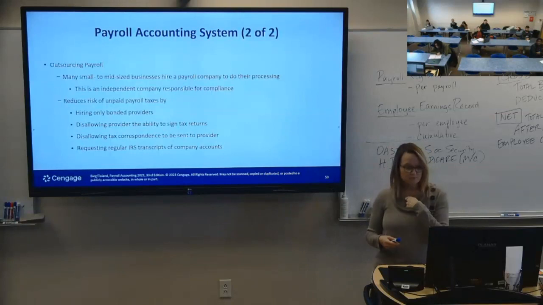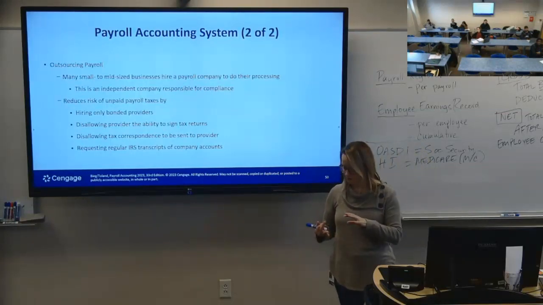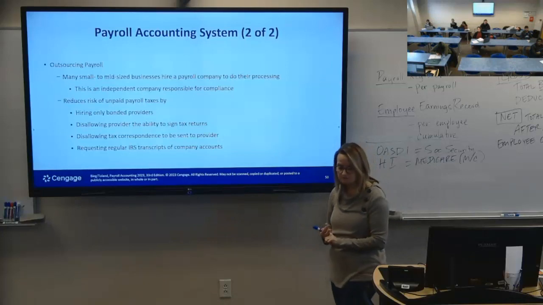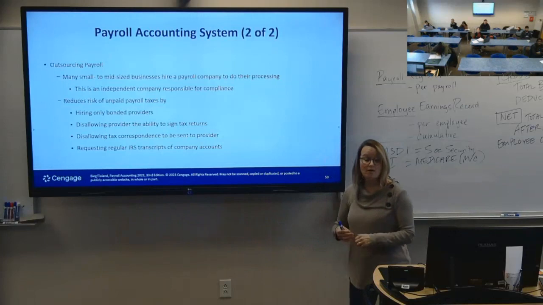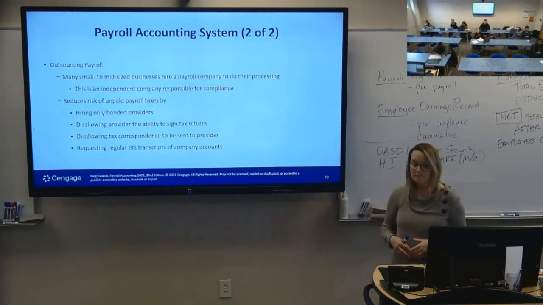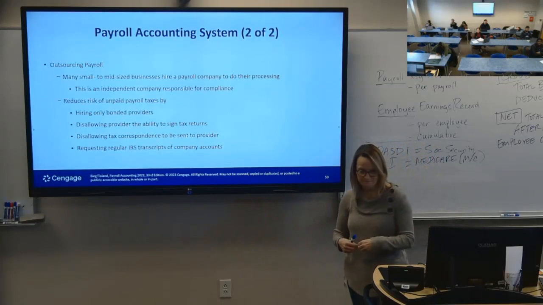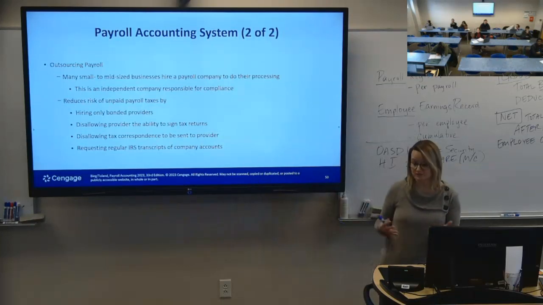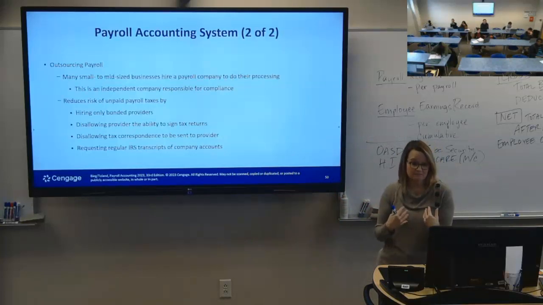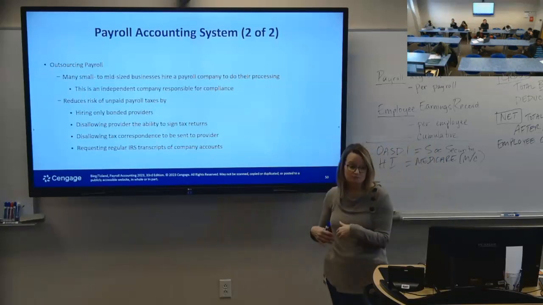They are responsible for making sure that paychecks are issued on time, that all of the reports to governmental agencies are done on time, and all the deposits to the IRS and to the state are completed on time. But ultimately the company is responsible for everything. Even though you've hired this outsourced company, if something is late, the company is going to have to pay any penalties. The company has to answer for that.